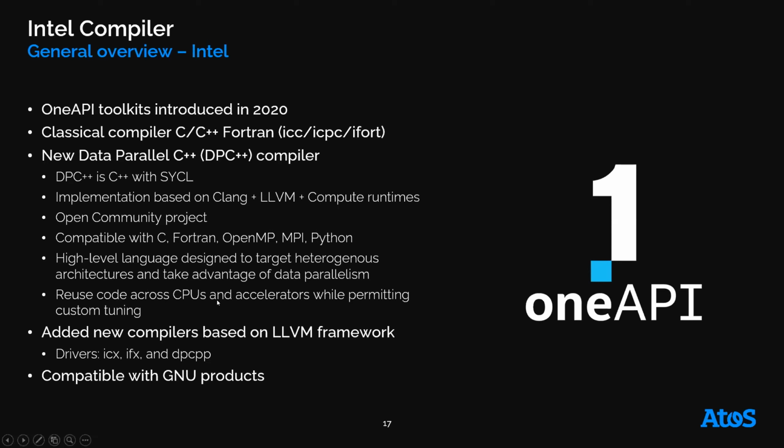So the new compilers, which are based on LLVM, the commands there are with an X at the end. So it's not ICC, but it's ICX, IFX, and there is also ICPX for the C++ compiler.